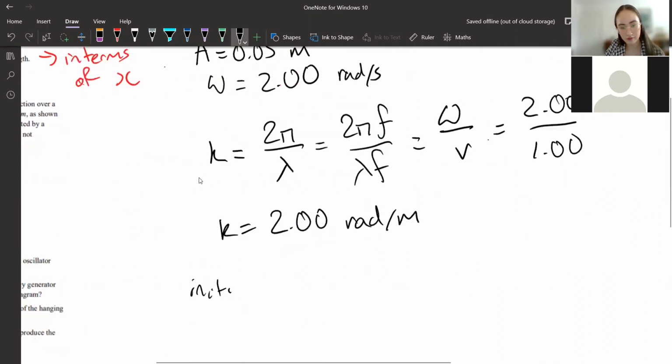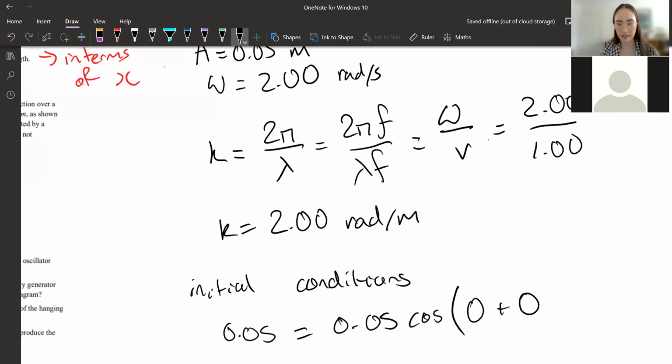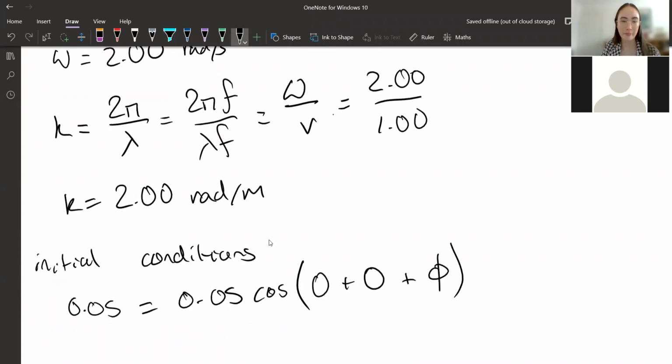Initial conditions: 0.05 is equal to 0.05, our amplitude, times cos, when time was equal to 0 and space was equal to 0, and we just got to find out what our phi value is going to be.